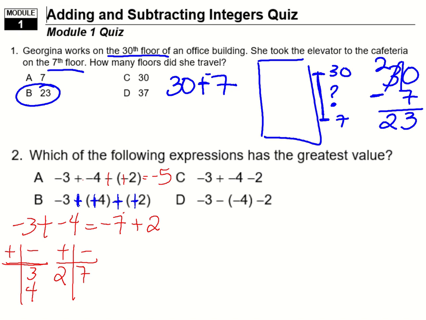So I'm going to go -3 plus 4. So if I use this T-chart, 4 goes here because it's positive, 3 goes here because it's negative. They're on opposite signs, so I subtract. Right, you can even put a little subtraction sign. 4 take away 3 is 1, but because 4 is bigger, we keep the positive.